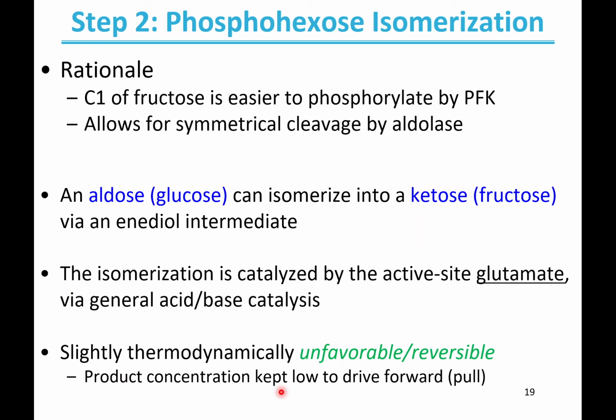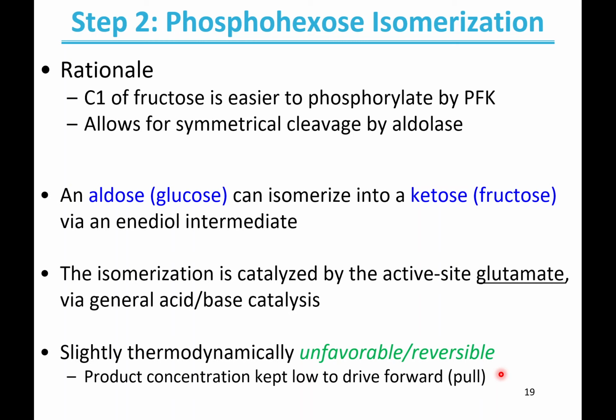The product concentration is kept low to drive the reaction forward, and you can think of that as pulling the reaction forward. Once the product of this reaction is made, it's used in the next step, which keeps that concentration low, which drives the reaction forward. So there are two ways you can get around having a slightly unfavorable delta G naught prime.